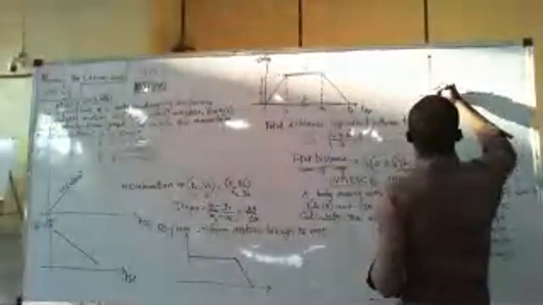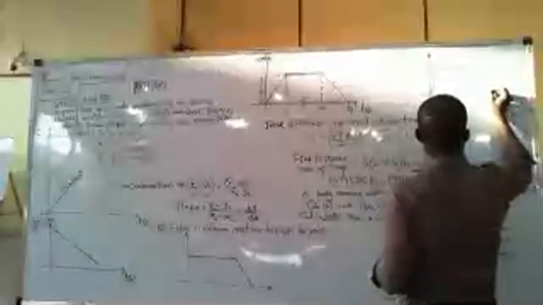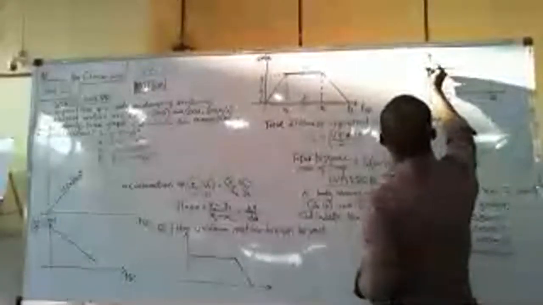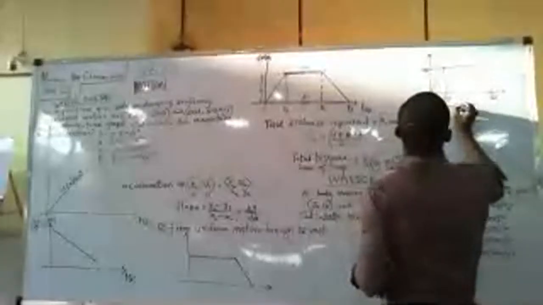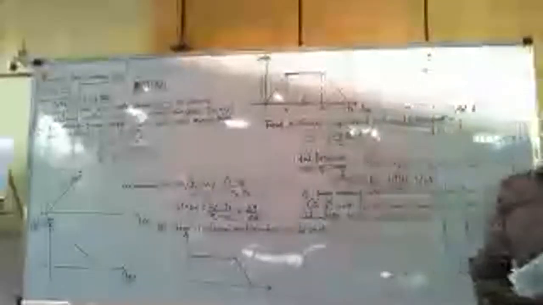Don't be fast to forget something. This one from here to here, 4 seconds. 40. What is the total distance here? 240 meters, correct.